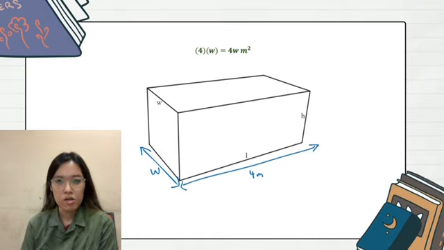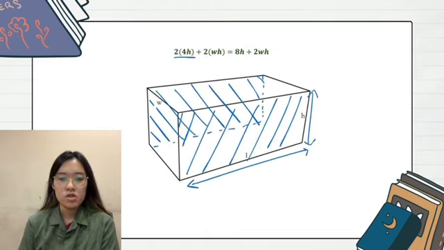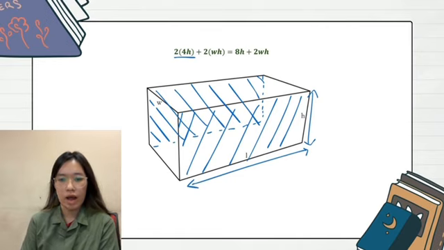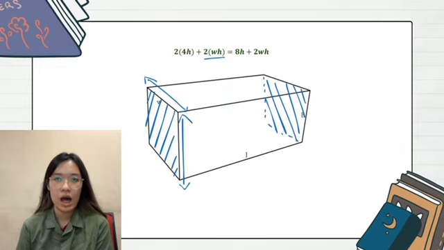Remember that there's only one base area, as this is an open top container. The first two equal sides we will equate as 4H, 4 being the length, H being our height. Moving on, we will look at the area for the remaining two sides that we have not calculated yet, which is the width times the height.